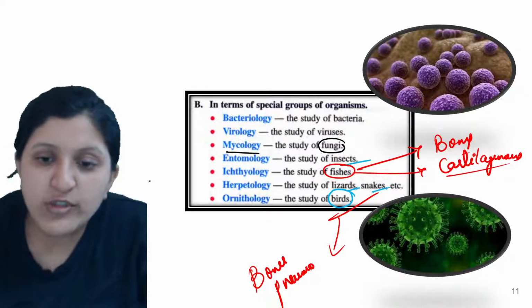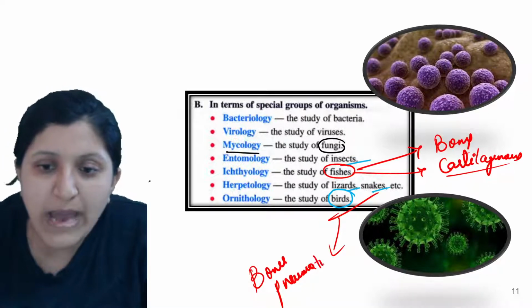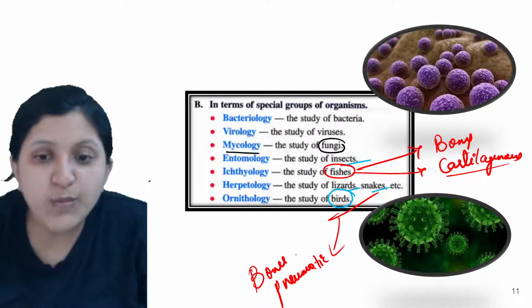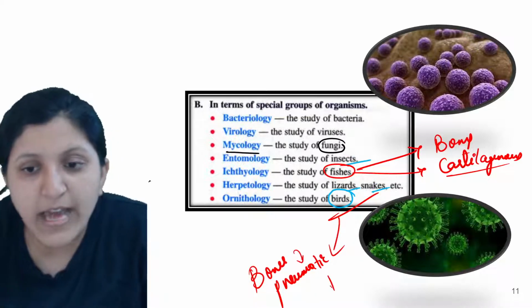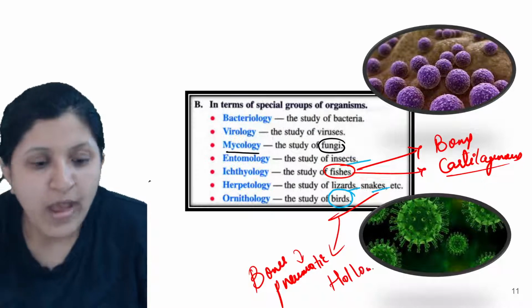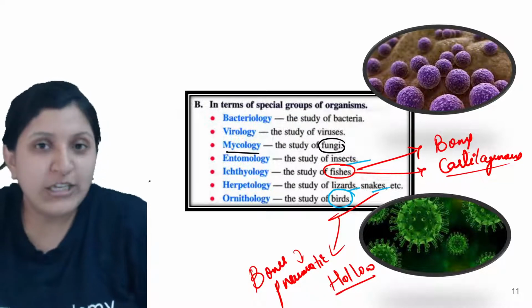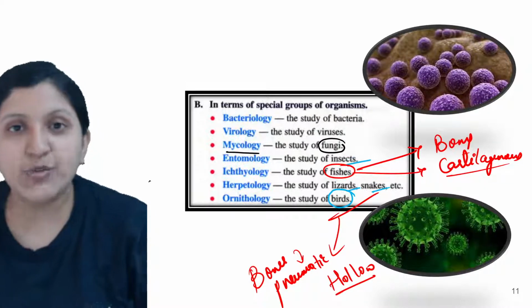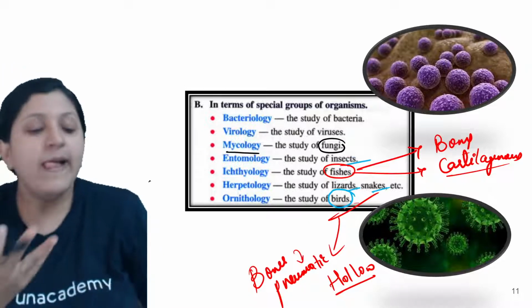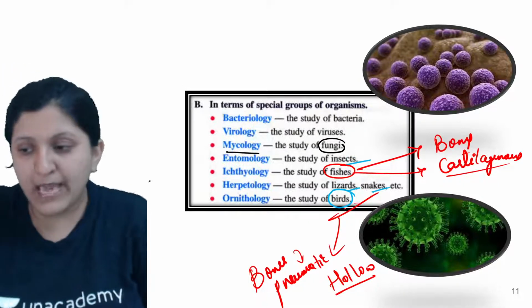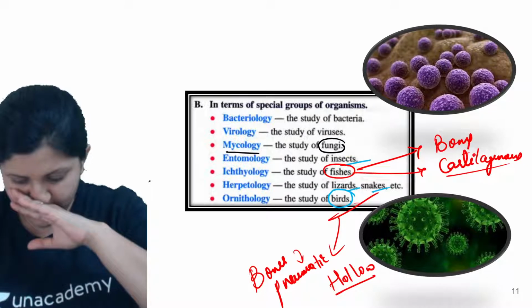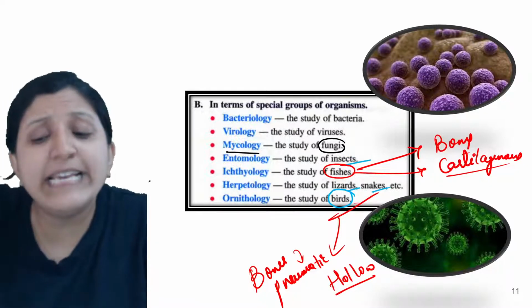So the bones are hollow in nature, and because of their hollow bones, they are lightweight and can carry air, so they can fly easily in the air.